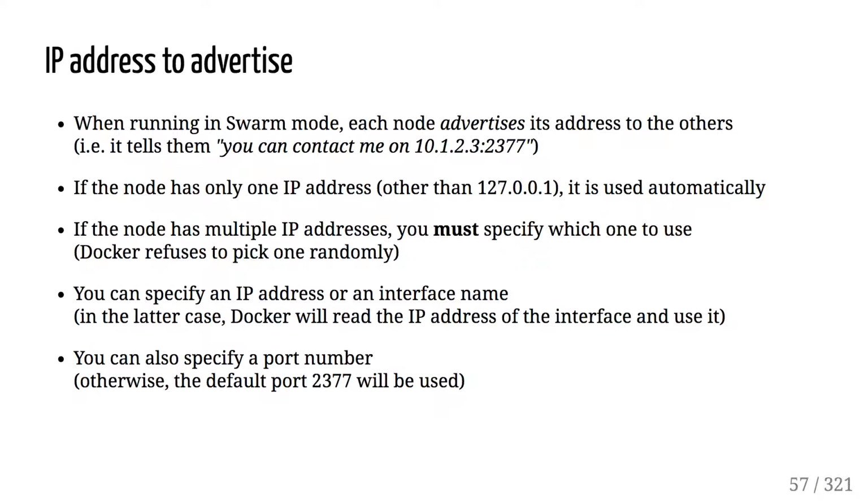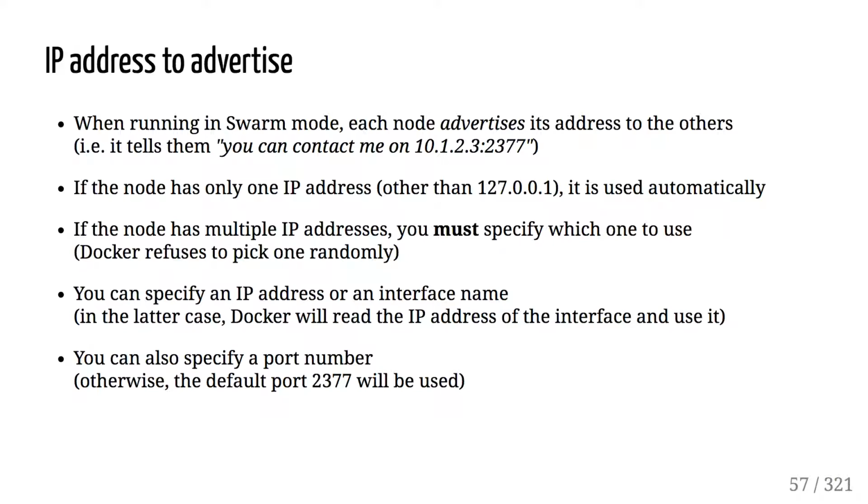In that case, I only have one IP address on this machine, beyond the Docker bridge and localhost. If I had multiple network interfaces, then Docker would ask which one I want to use for Swarm, because when all the nodes talk to each other, they have to advertise their own IP address.